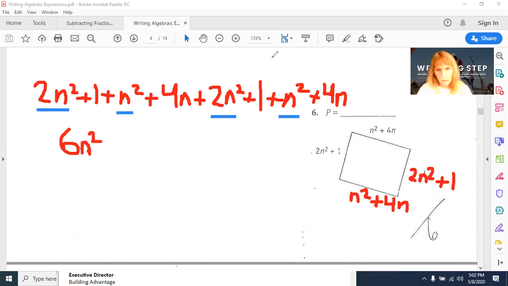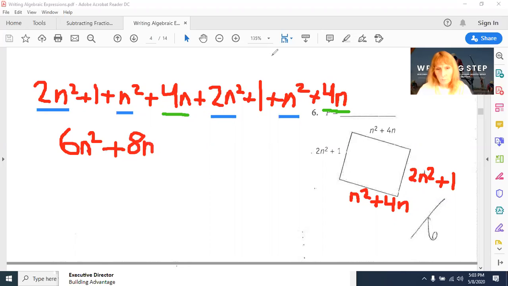Now we're going to combine the n's. So do we have any of those? Yes, we have an n here, and we have an n over here. So that would give us 4n plus 4n. 4n plus 4n is, yes, 8n. Right there.